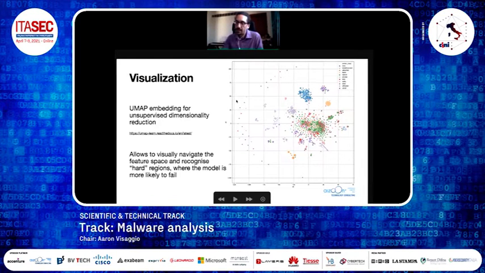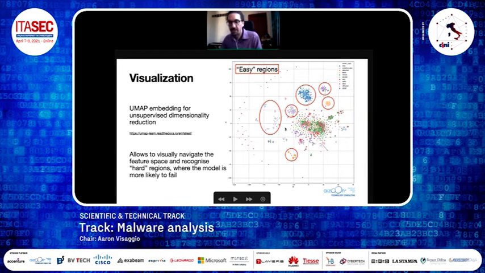We can see there are some easy regions. This is a subset of the complete dataset, just to give an idea. There are some easy regions where the classes are well separated and well clustered, and the classification here is easy. So if a sample falls into one of these clusters, we are relatively sure of the results.